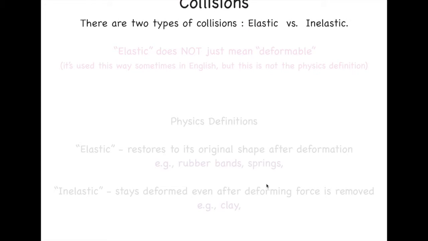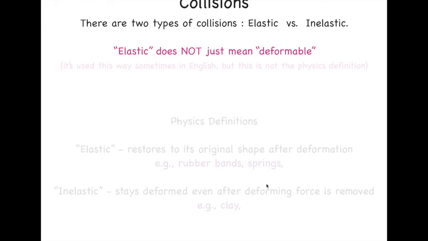And we want to be careful here, because it confuses a lot of beginning students. It confuses a lot of senior students too, because it's one of those cases where the words elastic and inelastic in English are used in a slightly looser sense than what we mean in physics.